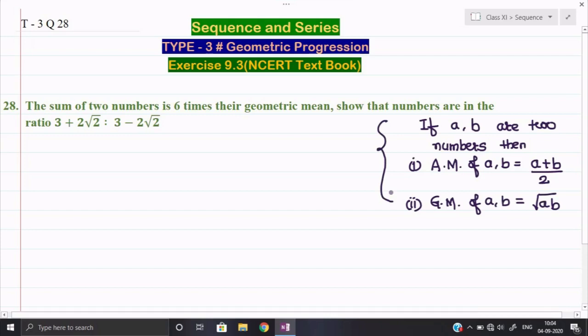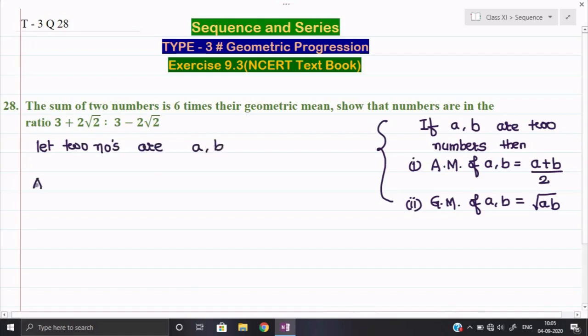So here they are saying the sum of two numbers is 6 times their geometric mean. What is their geometric mean exactly? That is under root of ab. So if you add the two numbers, it will be equal to 6 times the geometric mean. First of all, let the two numbers be a, b.